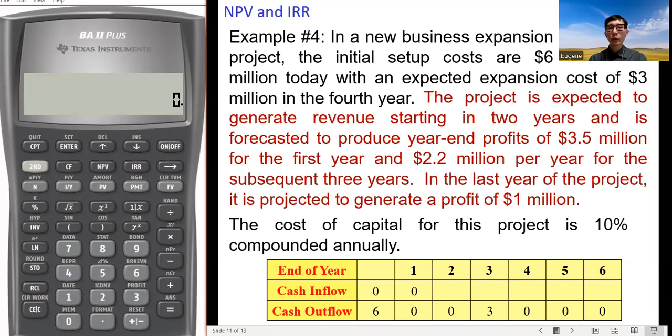So by the end of year 2, we have a revenue or the year-end profit of $3.5 million. And then the subsequent 3 years, by the end of year 3, 4, and 5, 2.2 million. By the end of year 6, a profit of $1 million. So this is a complete table corresponding to cash inflow and cash outflow.